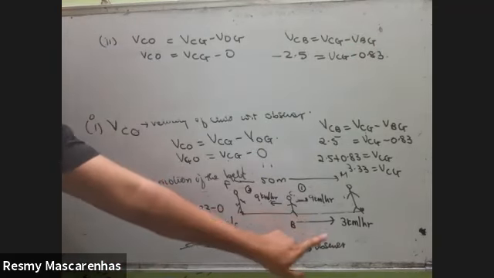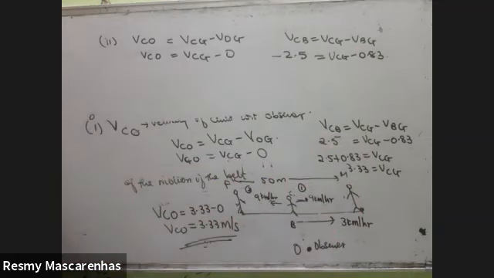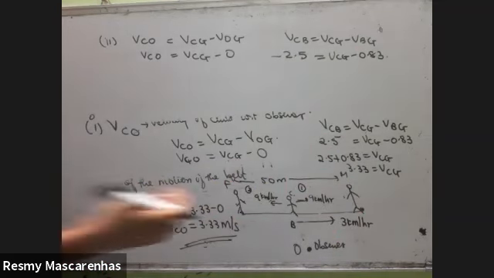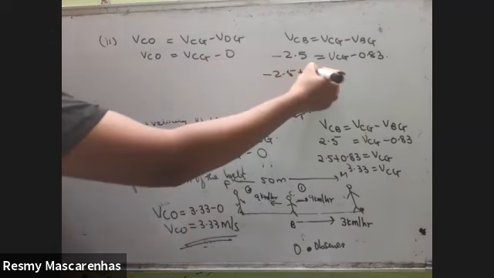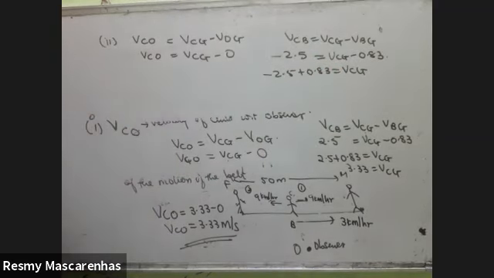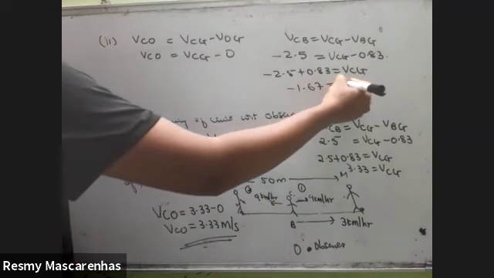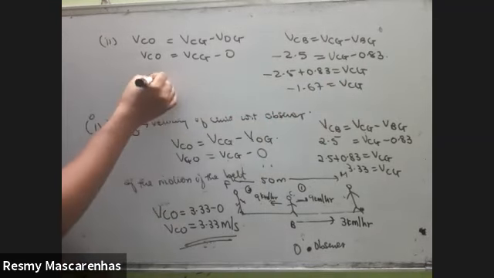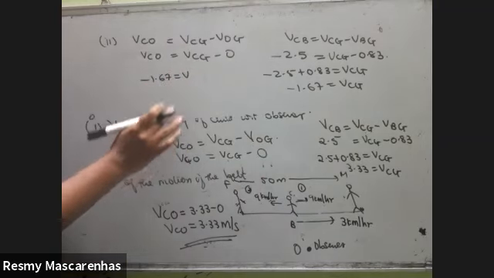Belt with respect to ground will not change because the belt is not coming back. Belt is only in one direction. Only the child is coming back. That's why it is minus. That will give you minus 1.67. We put it here.